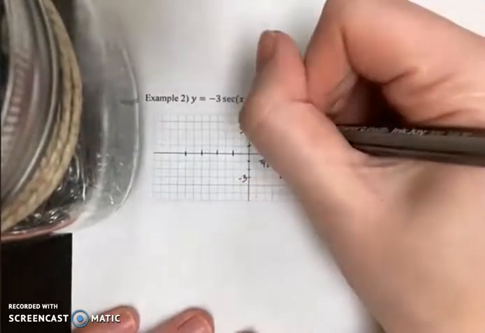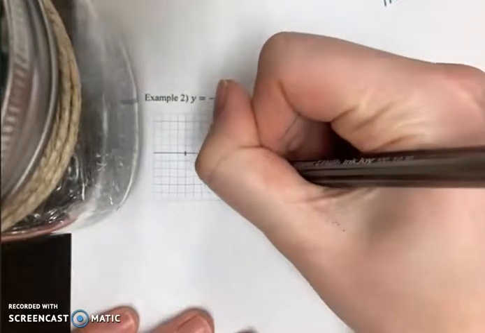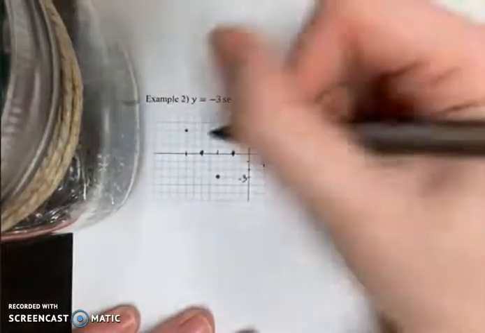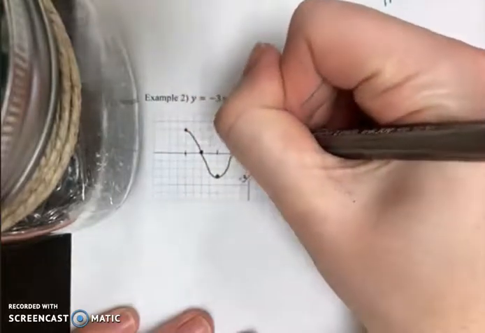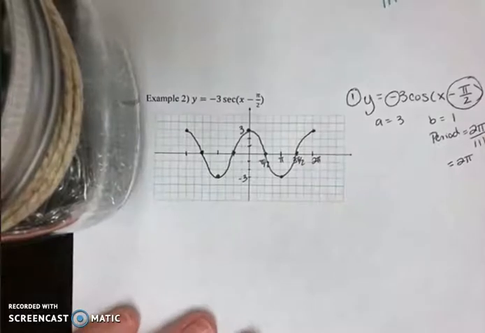On the left-hand side, we just ended at a max, so it's x-intercept, min, x-intercept, max. Okay, so here it is. That's our cosine without the transformation.